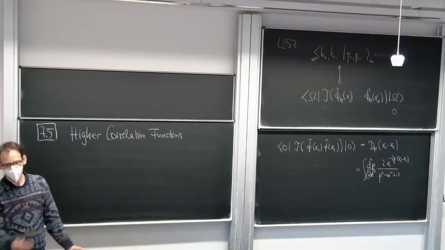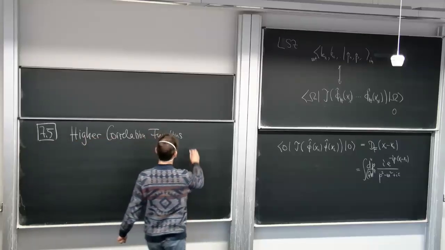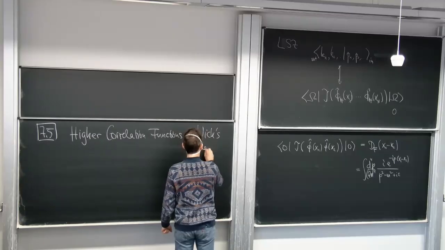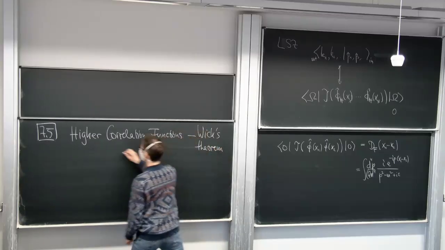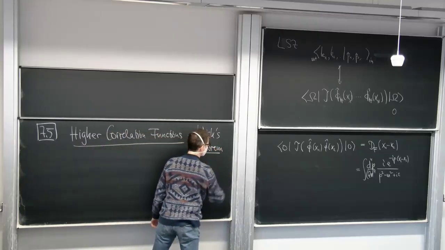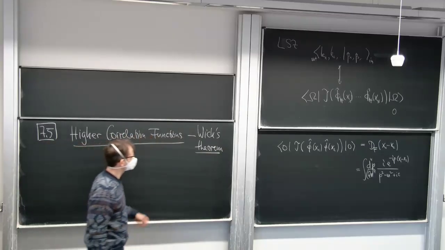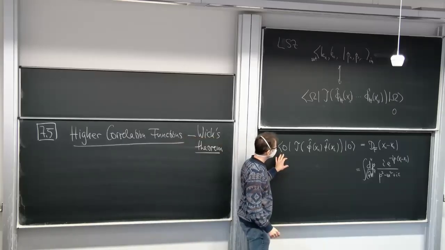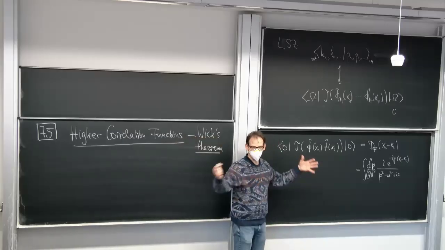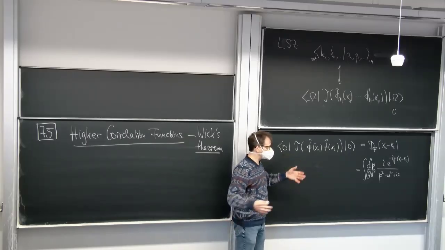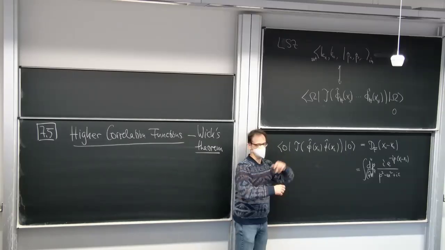And there is a rule for that too, and that rule is called Wick's theorem. Once we have that, it essentially reduces the n-point correlation functions to a sum of products of 2-point correlation functions.